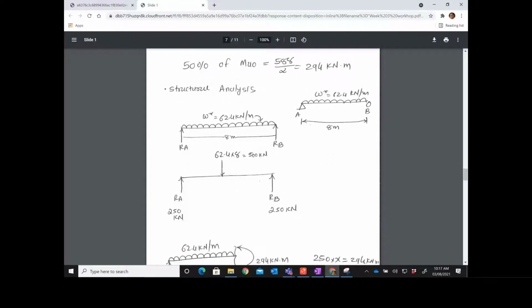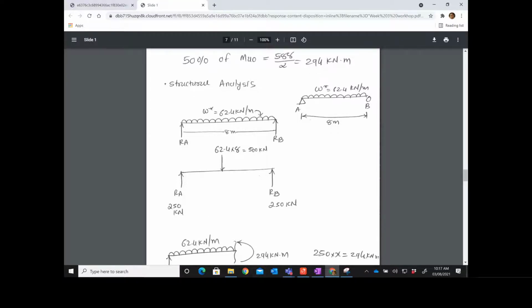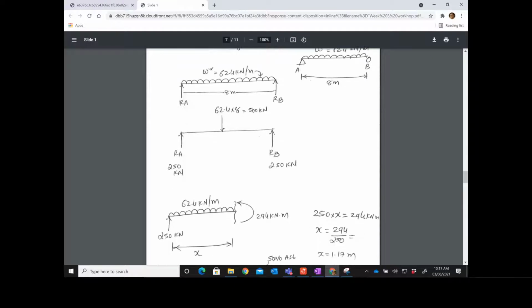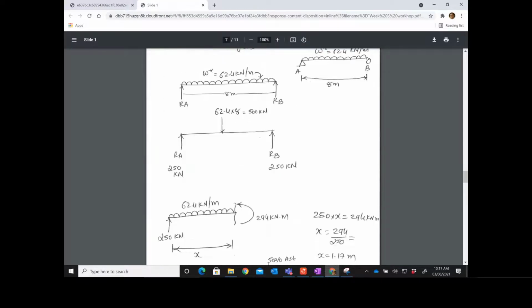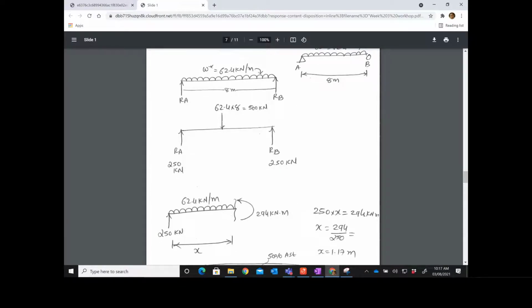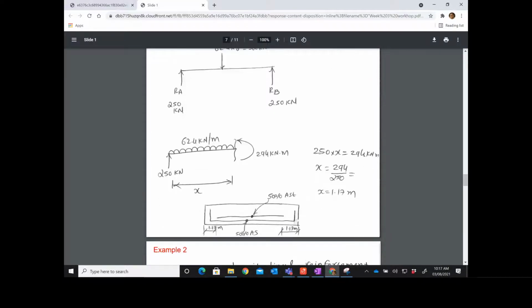If you find the reaction force, using structural analysis and mechanics of solids, and cut at your 294 kilonewton meters, you need to find this x distance where these 294 kilonewton meters are located. So in that case, 250 times x, that is the moment, equals 294. So x equals 1.17 meters.